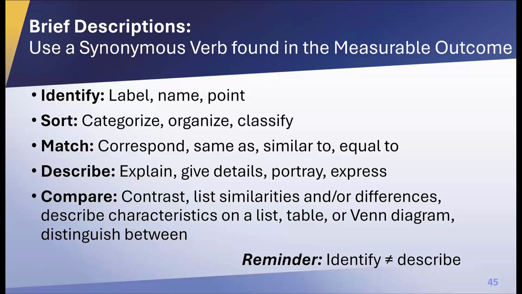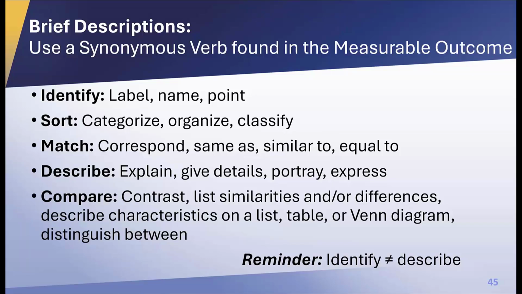When we talk about brief descriptions, and I said it earlier in that first half, I talked about being aware of the verbs. You don't have to keep saying the same name of that verb. If you're using identify, you can use a synonymous verb in that brief description. You can see here we have a lot of different names for sort, or match, describe, and compare.